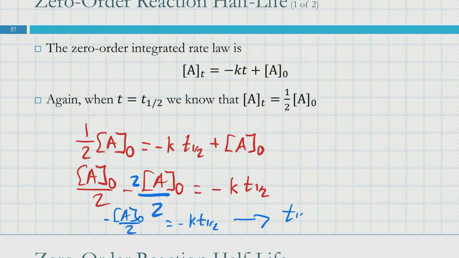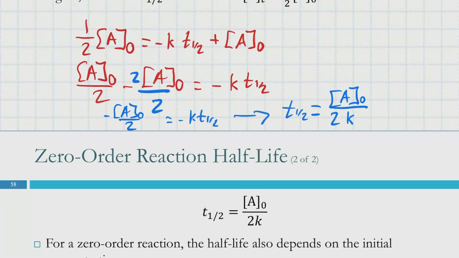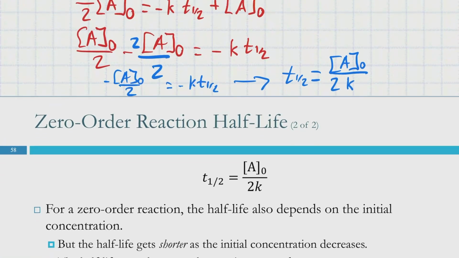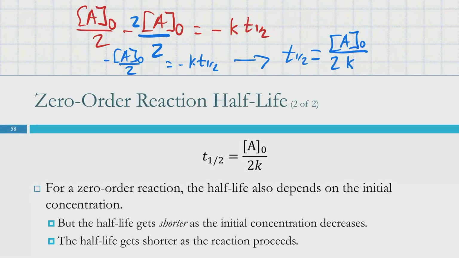We do some stuff, divide both sides by negative k, and we get concentration of A naught over 2k. Hopefully that's correct. Look at that. We did it. We did it, chat. So there's our zero-order reaction half-life.